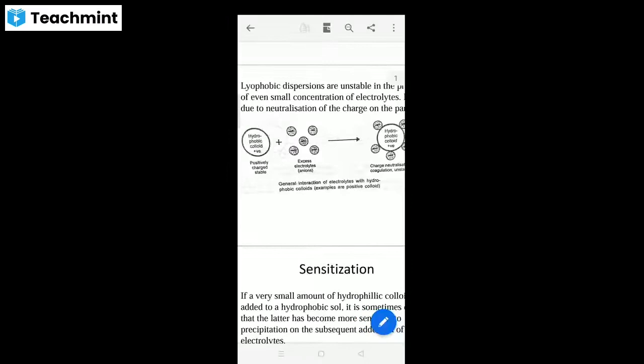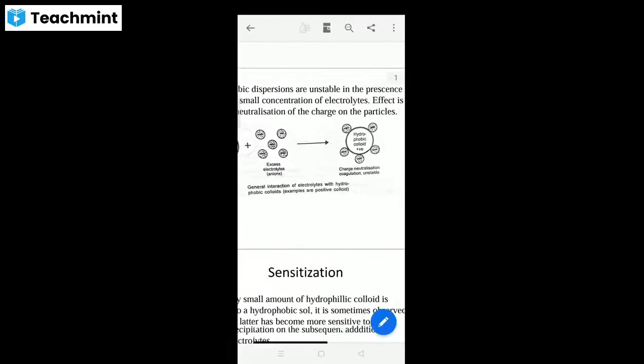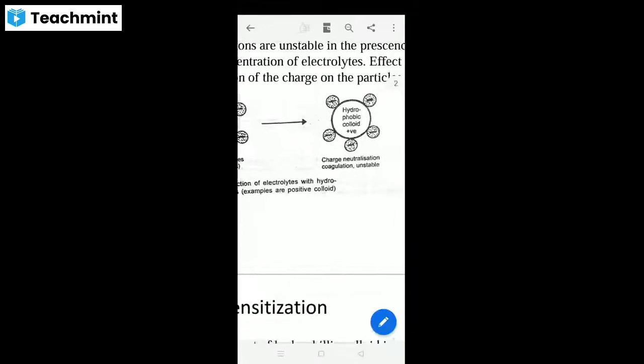The negative ions from the electrolyte interact with, or adsorb onto, the hydrophobic colloid. And what is the effect of that? Charge neutralization, meaning positive charges get attached with the negative charges.